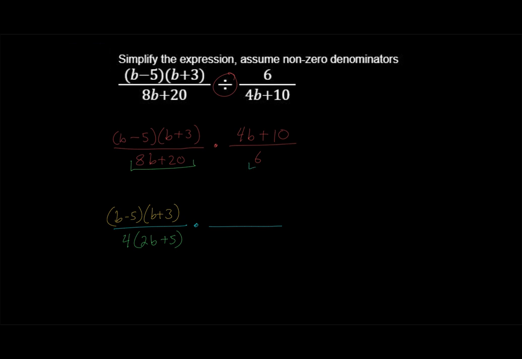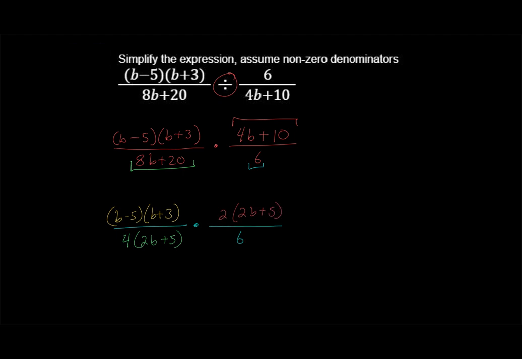Next one is 6. 6 is a monomial itself, so we can't factor it in terms of polynomial factoring, so we're just going to bring it down. And then lastly, 4b plus 10, there's a common monomial of 2 that goes into both, and we'll get 2b plus 5. So I factored each of the expressions.